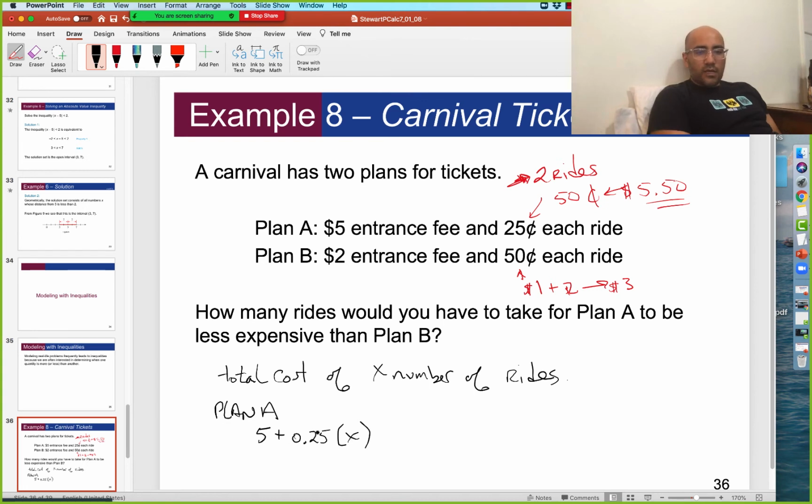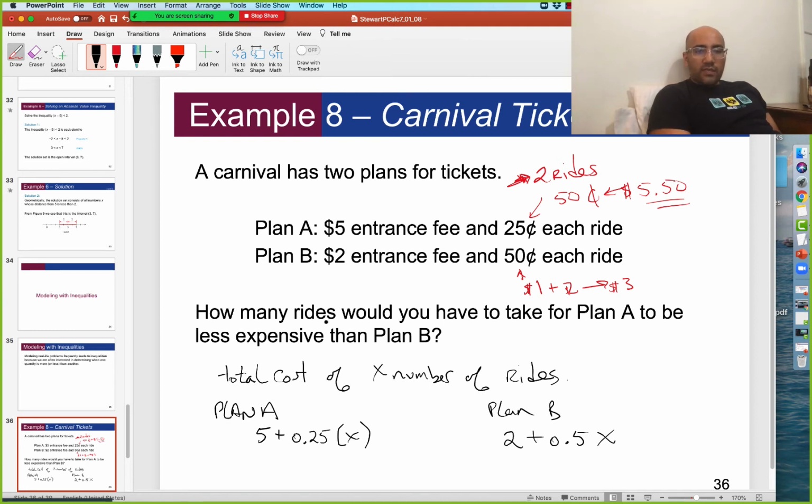That was my total cost in Plan A. And then under Plan B, there was a $2 fee plus 0.5 times x number of rides. So this is my total cost under Plan B.